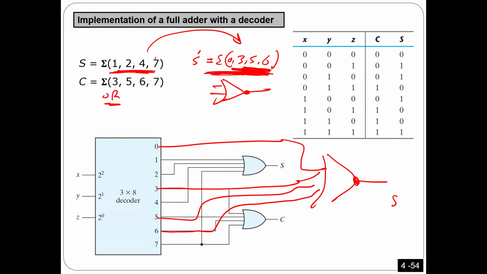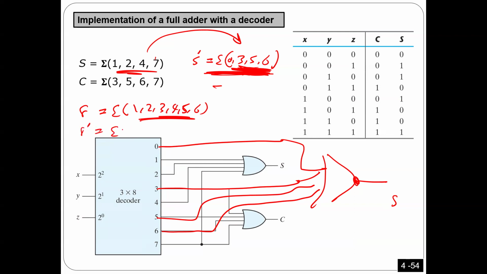Here it doesn't matter. In this specific example, it doesn't matter, because here I have 4 and 4. However, if you have a function, for example, equal to 1, 2, 3, 4, 5, 6, this way, that means f prime should equal 0, 1, 2, 3, 4, 5, 6, 7.